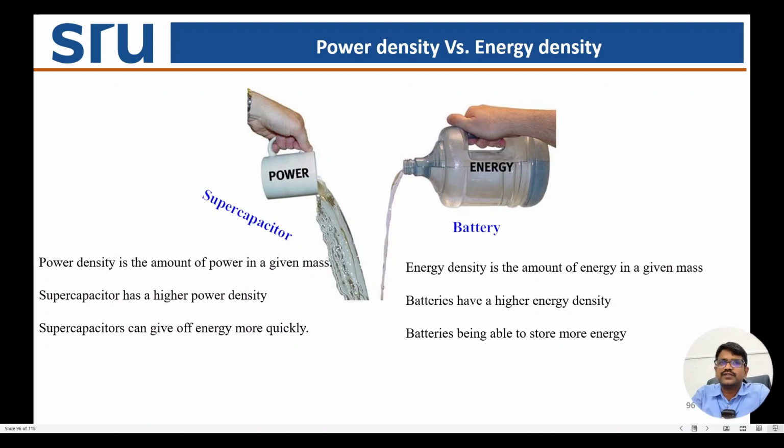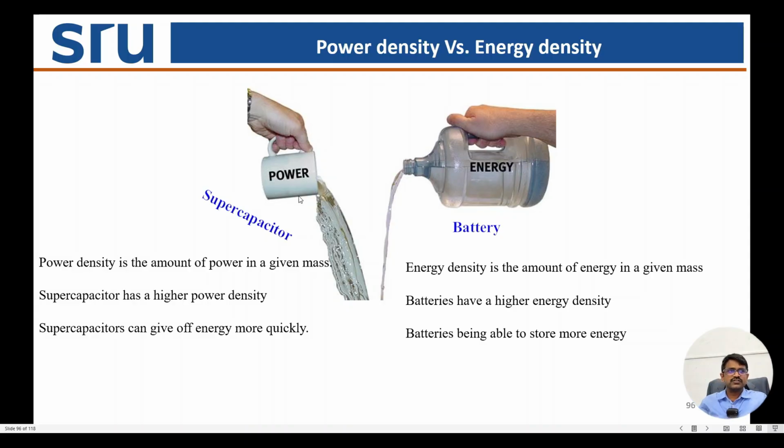So this slide is very, very important. This picture should be stored in your mind, right? Supercapacitor belongs to power. Battery is related to energy. Battery stores more energy. Supercapacitor provides more power.